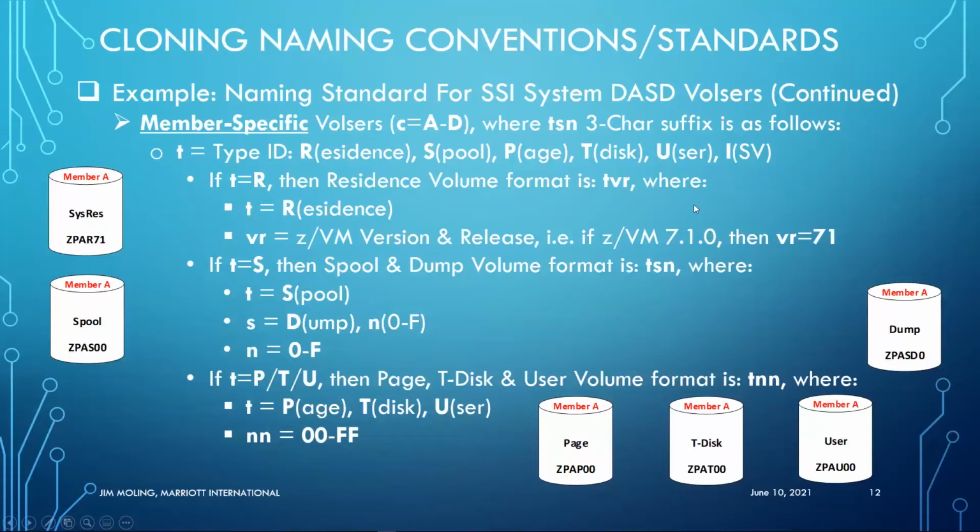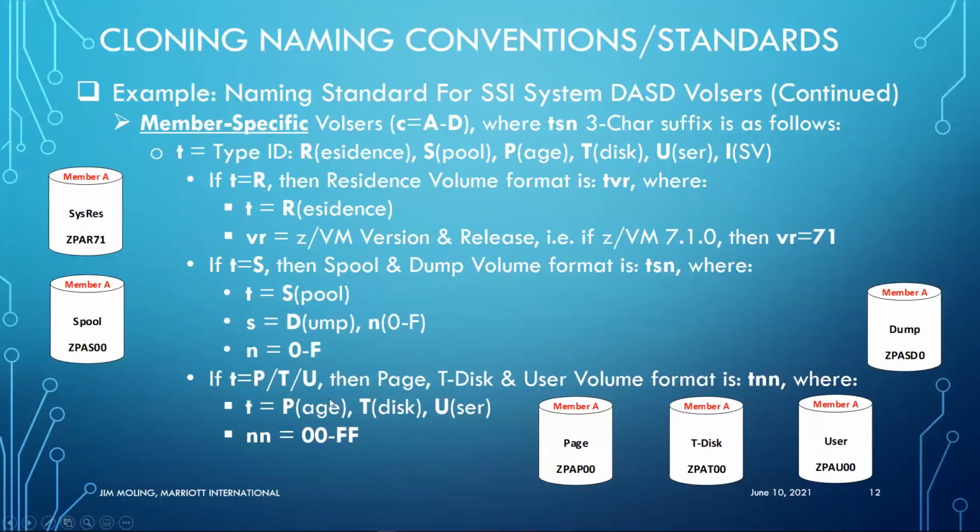But at this point, I haven't had a need for that. Okay, so that's the little twist with spool, is that you have the dump volume that's sort of a split off of that. But again, it's all under the classification of spool volumes.